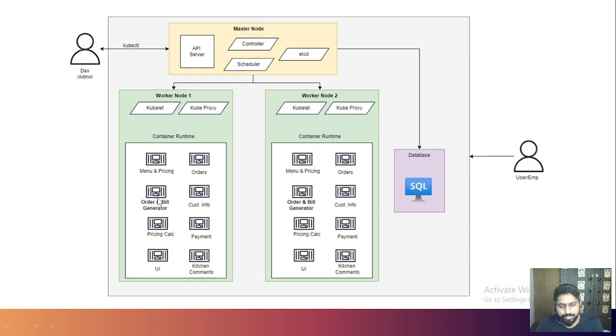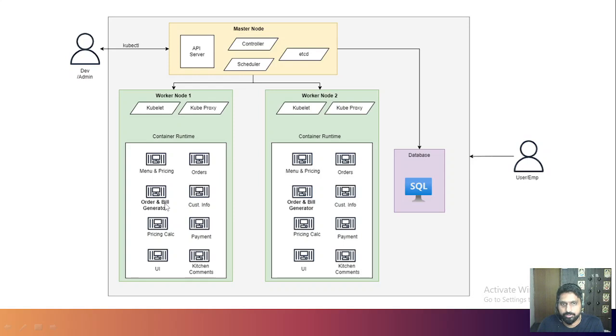What is a pod then? The pod in terms of Kubernetes is the smallest unit that runs the containers. So menu and pricing is a container and a pod. Orders is a container running inside a pod. If you look at order and bill generator, this is a single pod, but this pod has 2 containers inside it, which are order generator and bill generator.